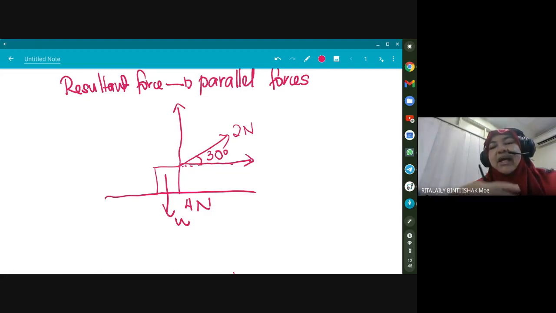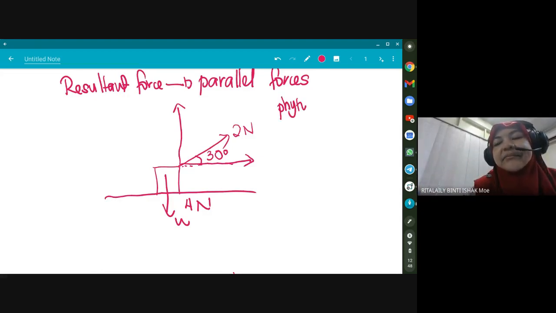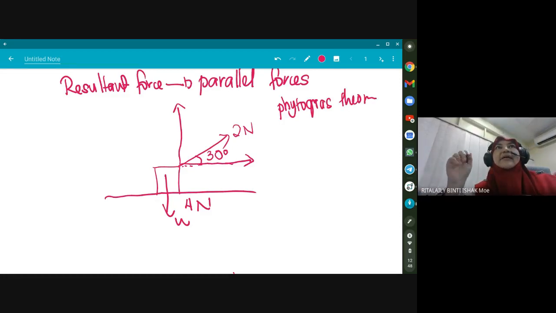And how do we calculate the component? We use Pythagoras theorem. Okay, Pythagoras theorem yang sekolah tua tu, ada guna tak for triangle? Yes, sir. Yes, okay.